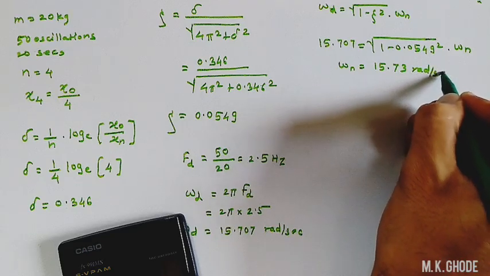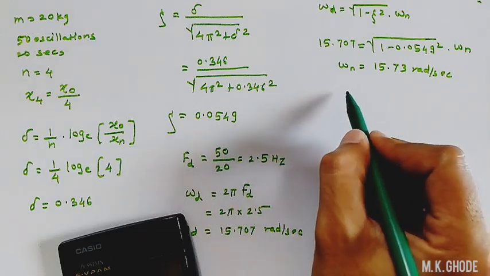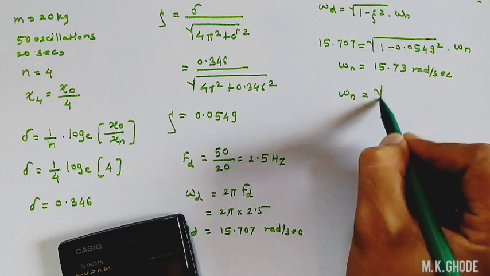If I want to find the spring stiffness, omega n is root of k by m, so find the value of k from this.